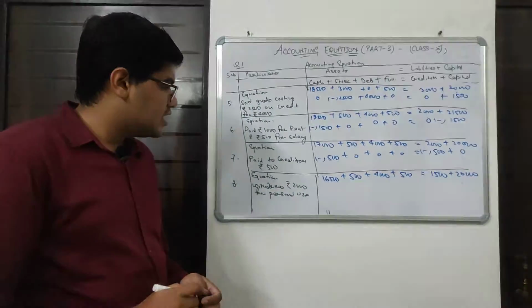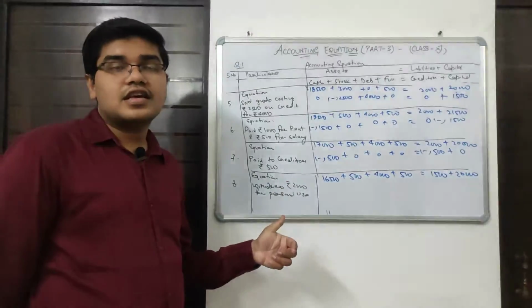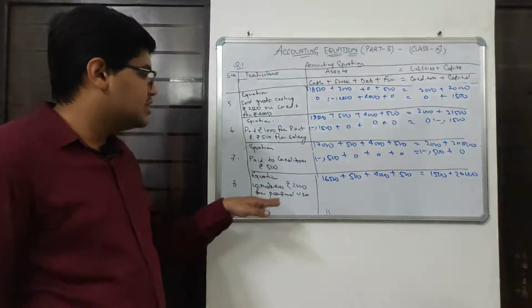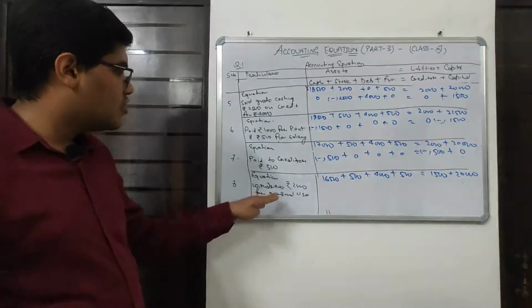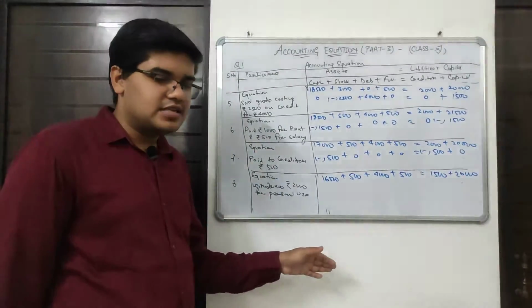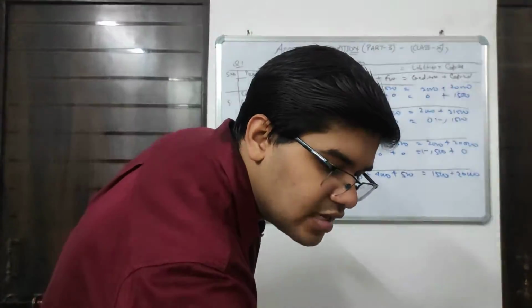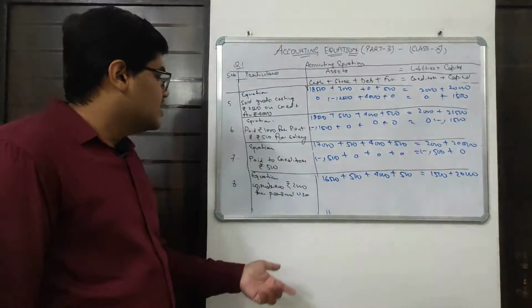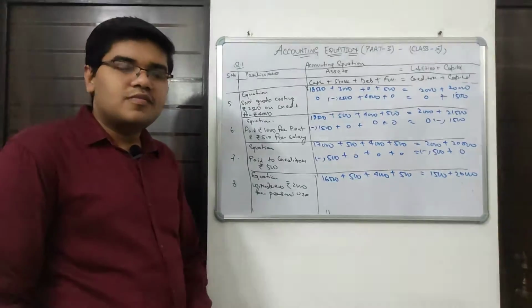Children, you have to remember one thing: whenever we withdraw cash or goods for personal use, it is said to be drawings, and drawings is also treated as an expense. So we are making the payment of an expense, so our cash and capital both will be deducted.